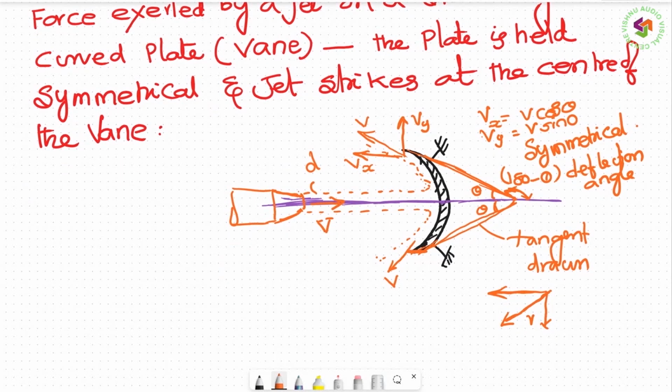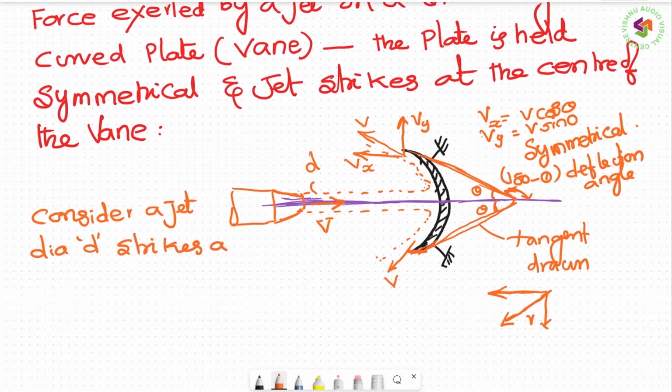Now, let me write it. Consider a jet of diameter d that strikes a vane, a symmetrical vane, at its center.